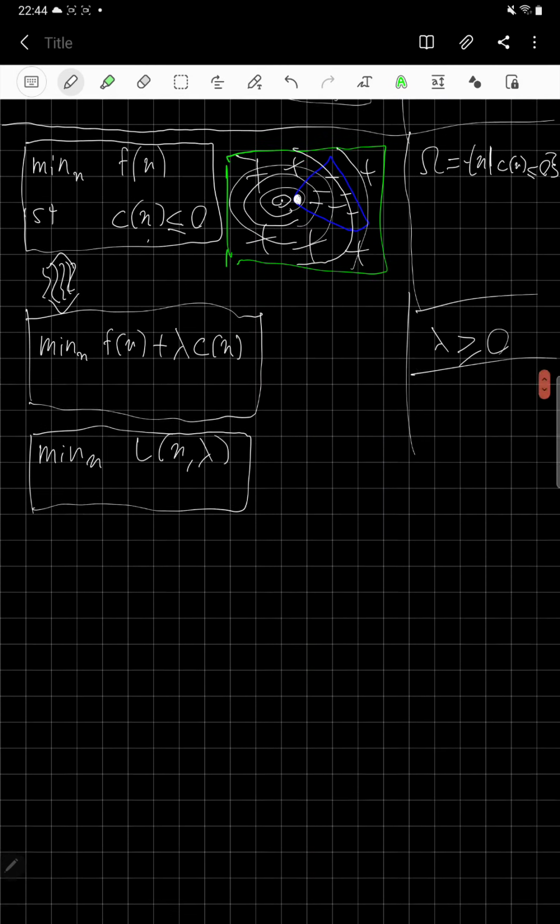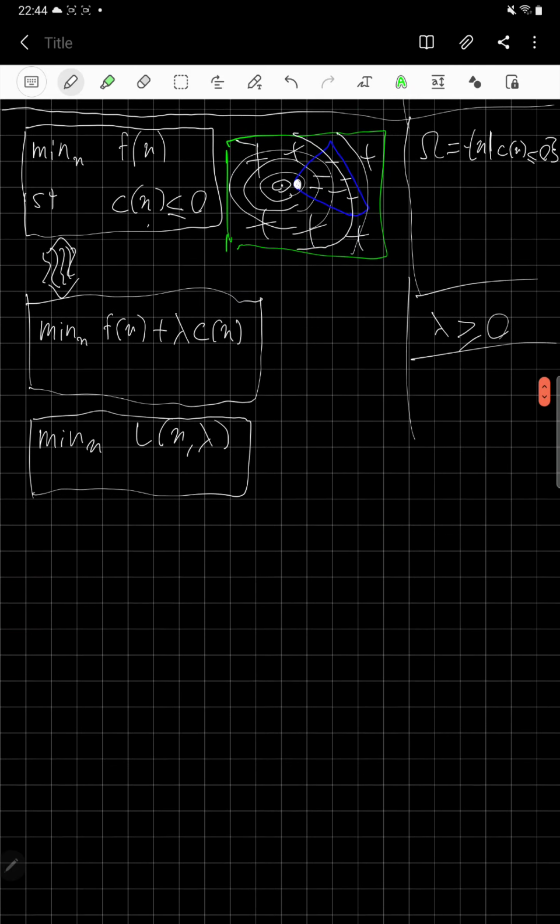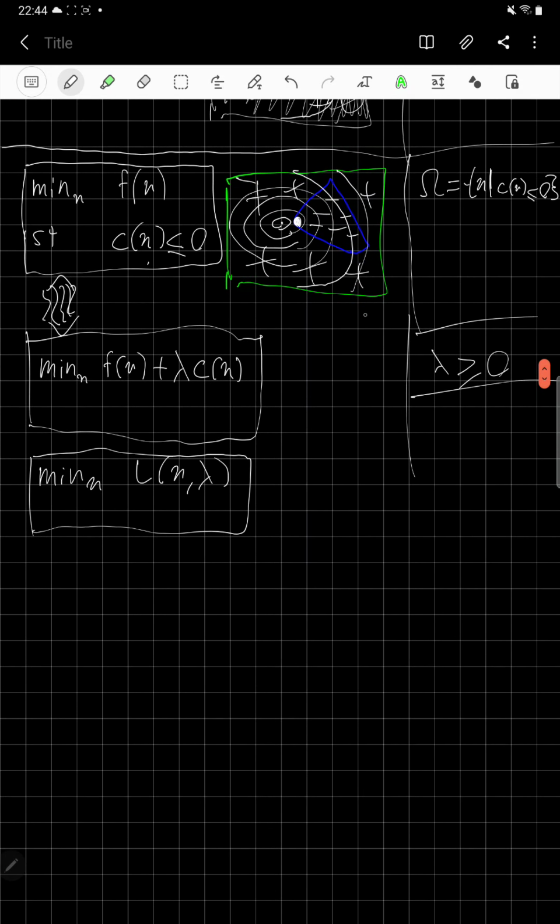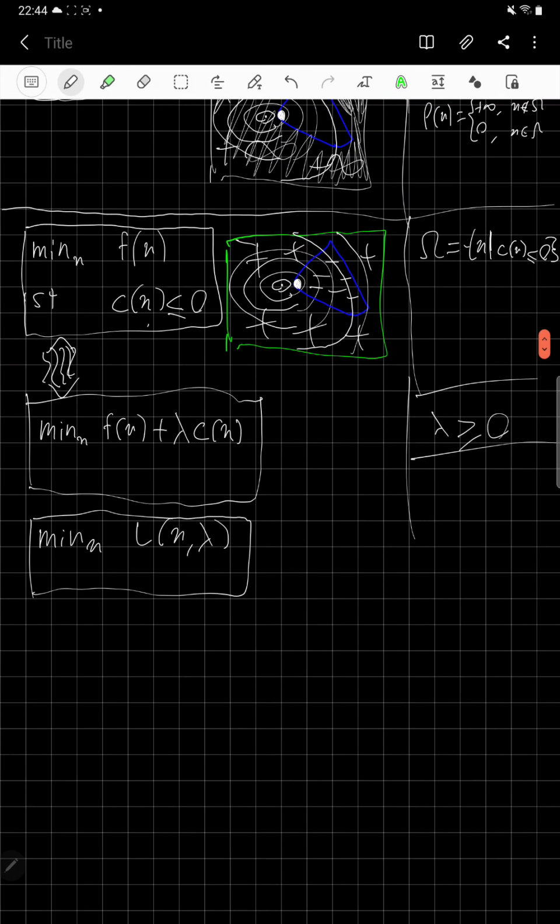Obviously, the points inside are going to be favored. So for example, if lambda was plus infinity, the minimum obtained would always be inside.